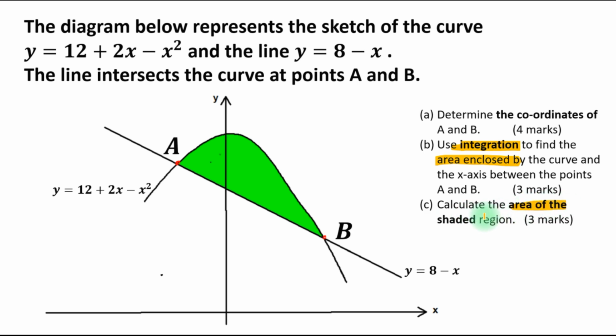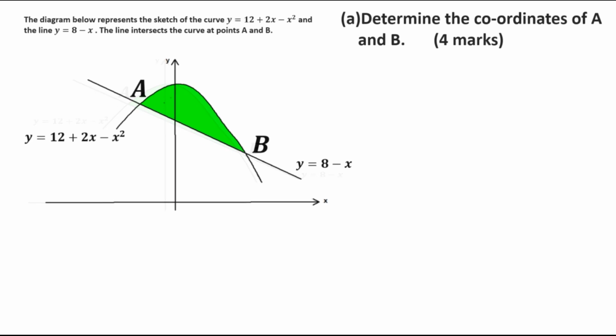Then part C of the question, we find the area of the shaded region. So the shaded region is the area, in our case, shaded in green color. So we can begin with part A of the question.